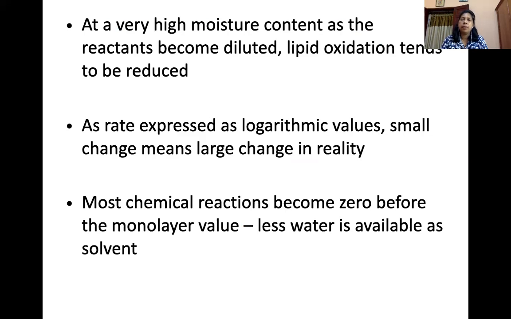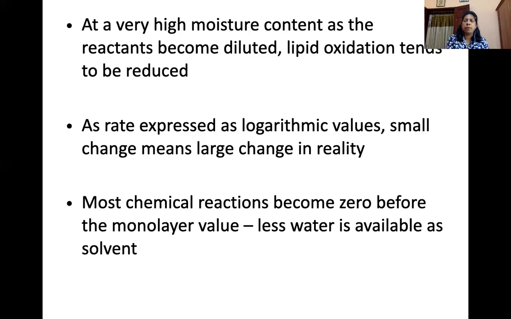Especially when we talk about reaction rates, I think you have learned in chemistry that reaction rate is given as log values. So the rate is always expressed as a log value, and a small change means a large change in the real situation, right?